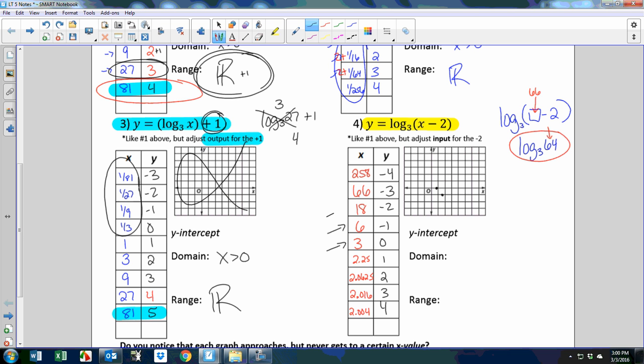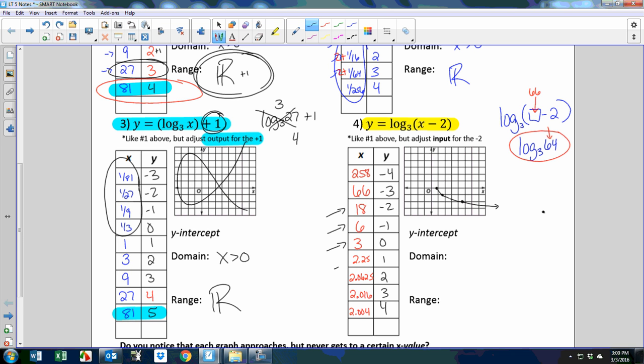Down 1. Right 18, so 4, 8, 12, 16, 17, 18, and then down 2, right there. 66, negative 3, that'd be right 4, 8, 12, 16, 20, 24, 28, 32. That'd be about over here in that vicinity. So something like that. Here's where we change our domain.